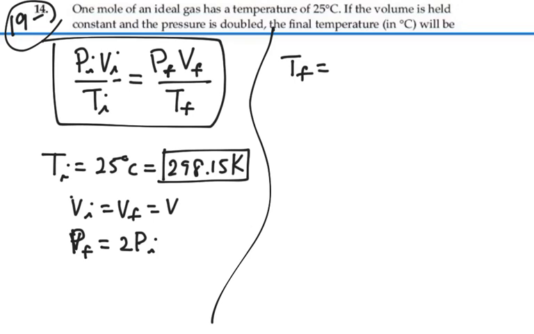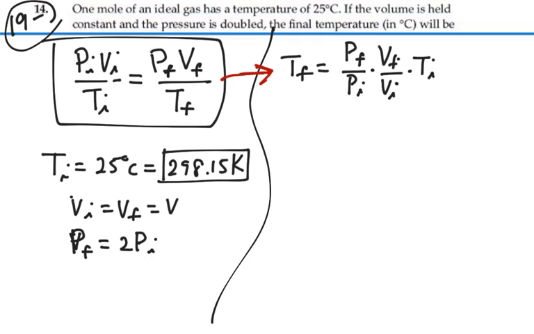Final temperature will equal the final pressure over the initial pressure times the final volume over the initial volume times the initial temperature. Just rearranging this ideal gas law here.